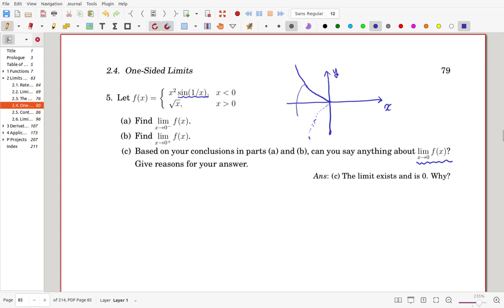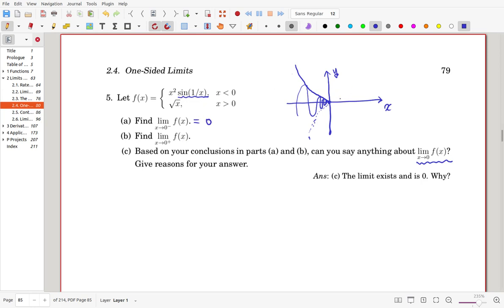So there is oscillation, but the magnitude is becoming smaller, so from this we can see that the limit as x approaches from the left must be 0.